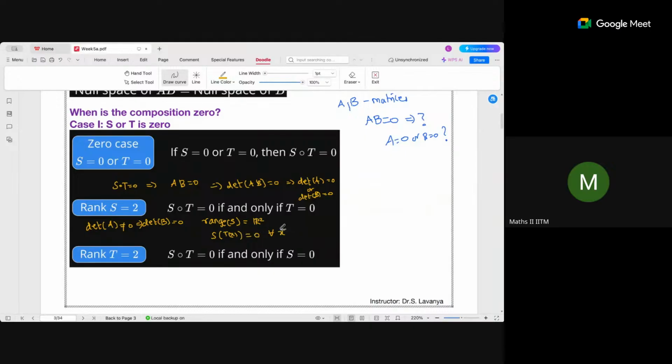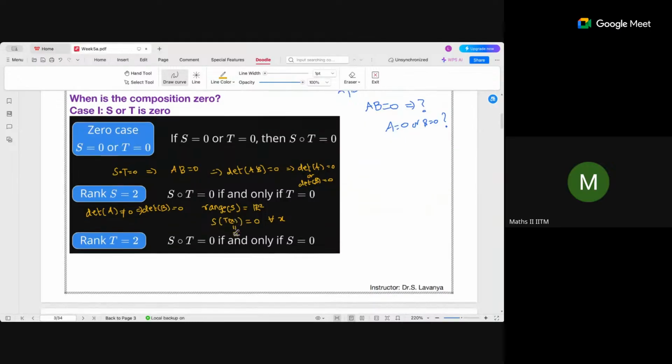If this is 0 for all X, then Tx should be 0 for all X, right? So T should be 0 in that case, otherwise we cannot say that. So here S of T of X is equal to 0 for all X, and in that case Tx has to be 0.